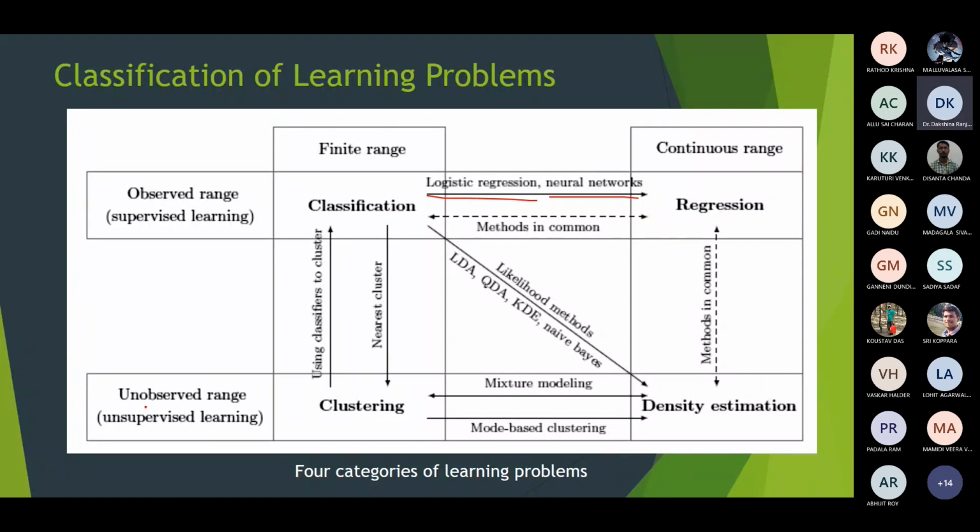Similarly, the unobserved range includes the clustering and density estimation approaches. If we want to find the relation between classification and clustering, we can see an arrow from clustering to classification, and another arrow from classification to clustering.